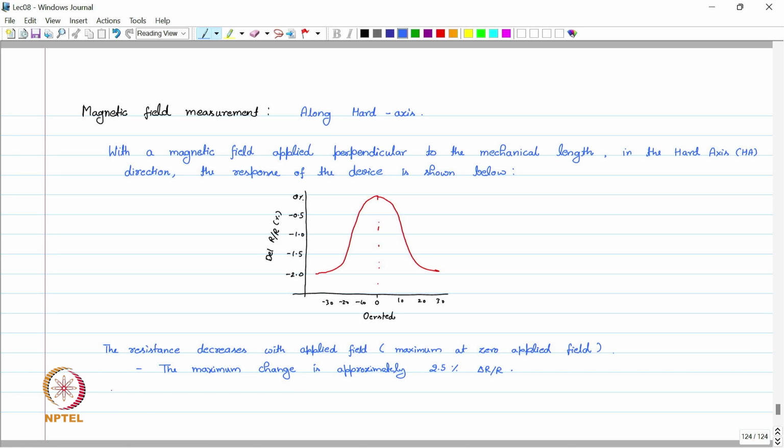And this change is film thickness dependent, up to a bulk level of around 3%, and a thicker film typically has a higher delta R.